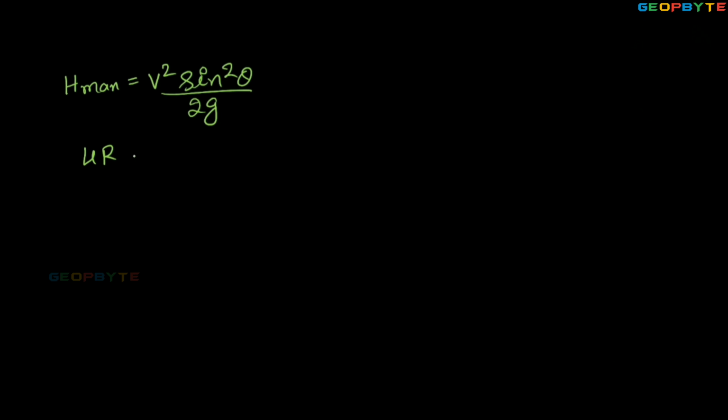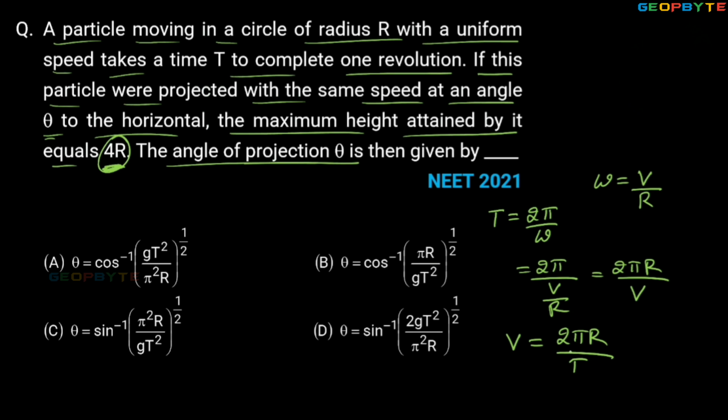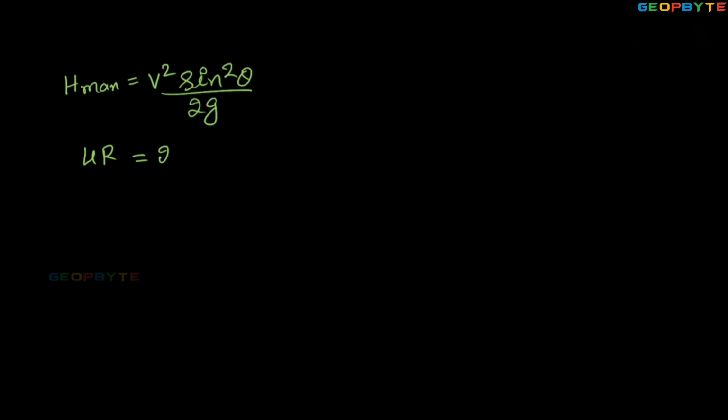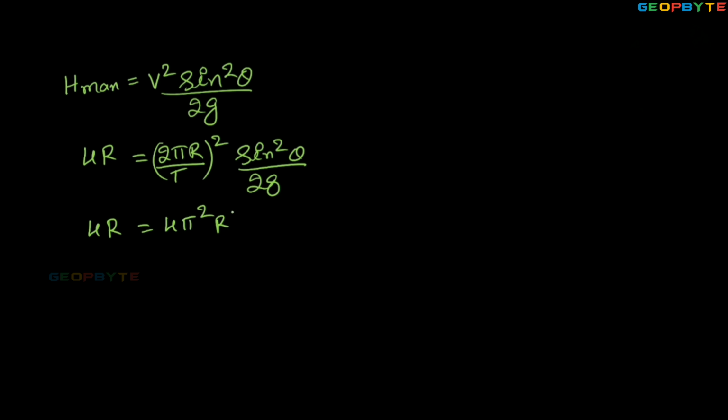This maximum height attained is given as 4 times r. So 4r is equal to v square sine square theta by 2g. V is given, you have decided v equals 2 pi r by T. It is 2 pi r by T whole square into sine square theta divided by 2g, which can also be written as 4r equals 4 pi square r square by T square into sine square theta by 2g.